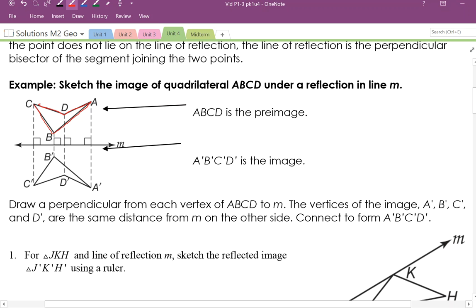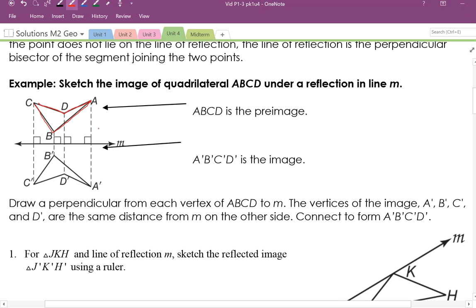If I take each point and draw a perpendicular, so notice each of these dashed lines is a perpendicular line through the mirror, through line M. Its mirror image, so notice the mirror image of A is A apostrophe, is the same distance along that perpendicular on the other side of line M. And that same thing would be true about D and D apostrophe, B and B apostrophe, and point C and C apostrophe. And then to finish drawing the quadrilateral, we would just reconnect A to B, B to C, C to D, and then D to A again.